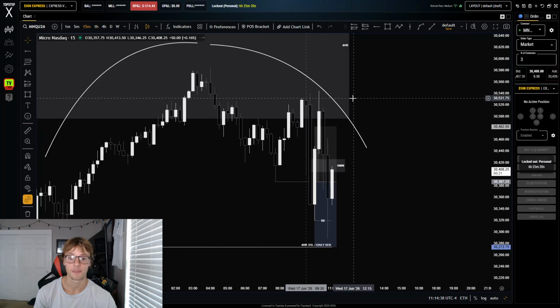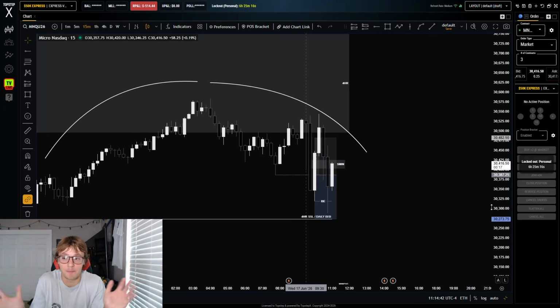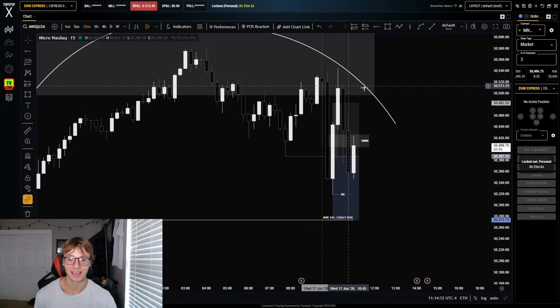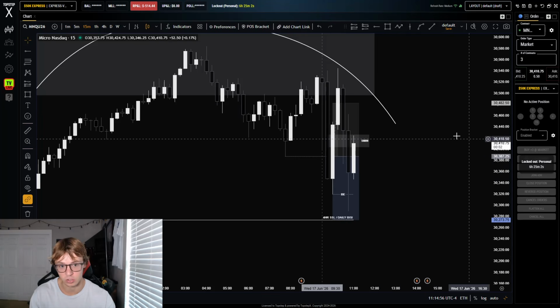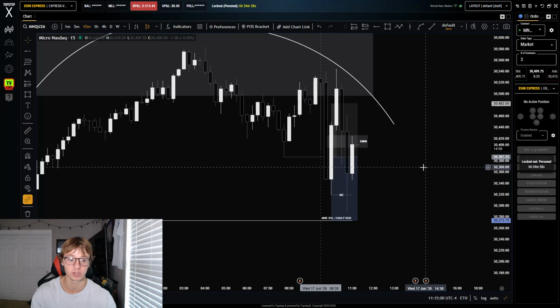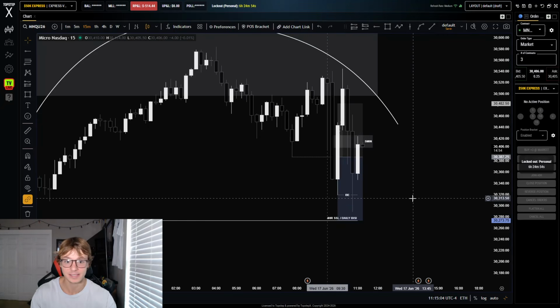We then get the next 15-minute candle, which is an incredibly bearish candle, like the most bearish candle I could have asked for in this scenario, literally exactly what I want to see. You can see this is a 172 point death candle to the downside, closing below the internal lows, therefore confirming the draw on liquidity in my eyes.